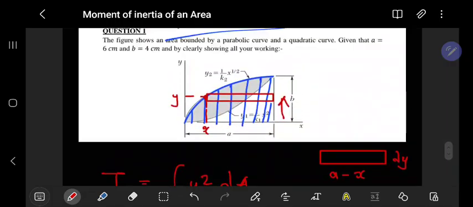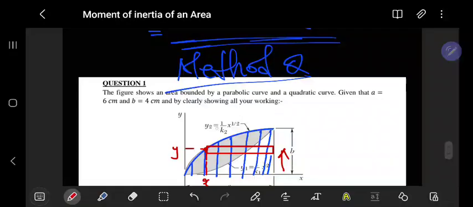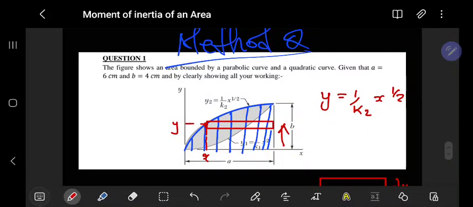What is x? Here the connection is that equation, the upper boundary, which is y is equal to 1 over k2, and then we have x to the power half. So just like we saw in the previous method, we know what x and y are there, so we can still use them to figure out what k2 is here.